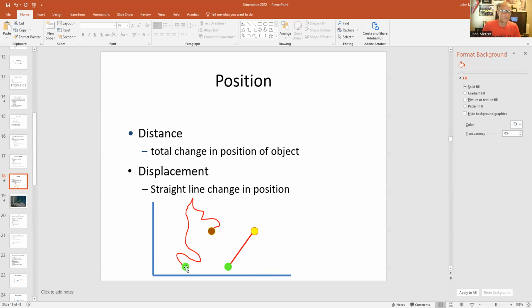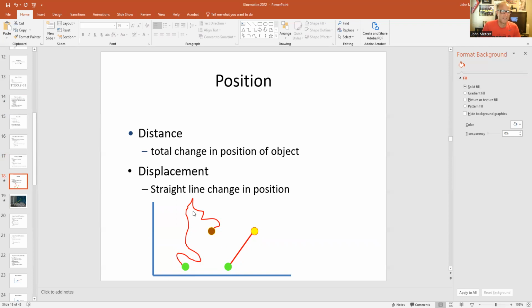If this object went from here and traveled this path, to measure the distance, I'd have to pull out my measuring stick and measure the total length of this path. That's distance. Displacement simply takes a straight line distance from the original position to the final position. That straight line distance, that length of that, is displacement.